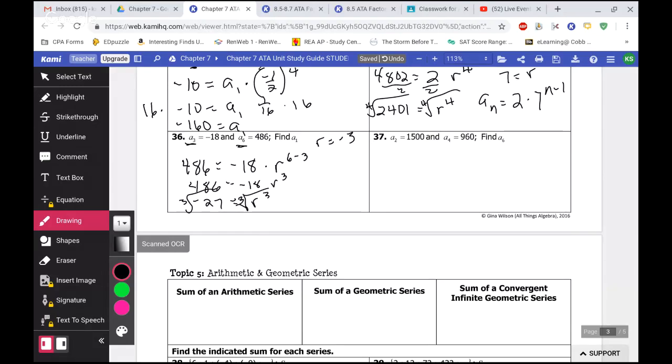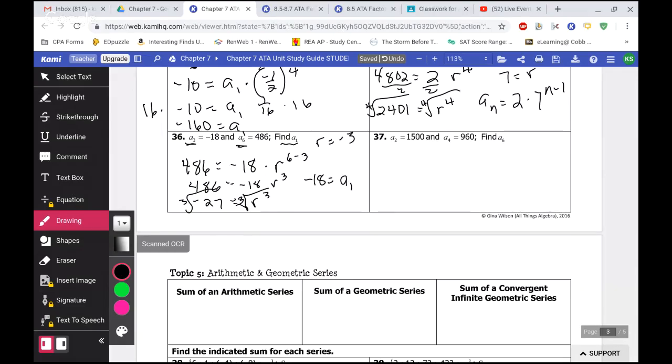And so now we're supposed to find a sub 1. So we'll take one of our values. Let's just work with the smaller one.